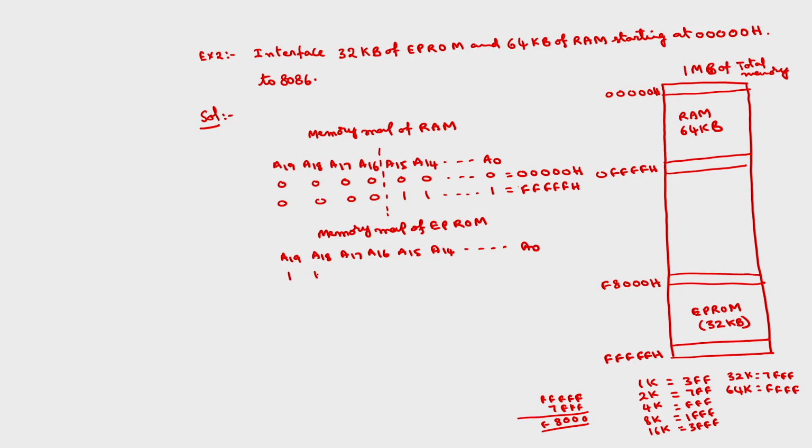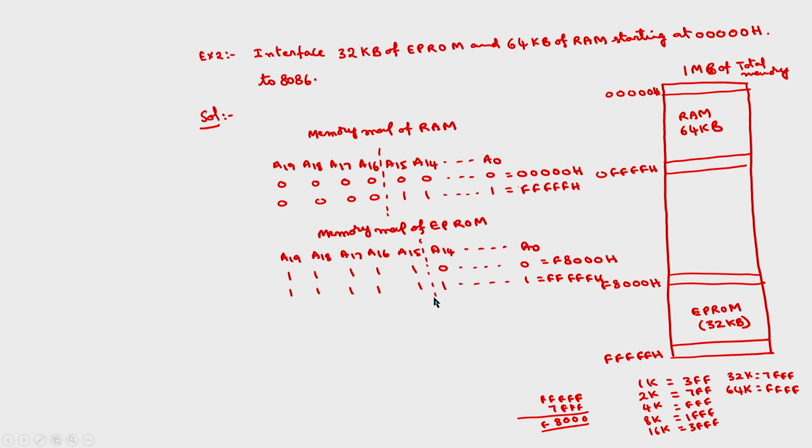F is 1111, 8 is 1000, and all the remaining are zeros. This is F8000H. And the ending address is all ones, 1111, 1111, all are ones. This is FFFFFH. Now how many address lines will there be for 32 kilobytes? Only 15 address lines, so A0 to A14.